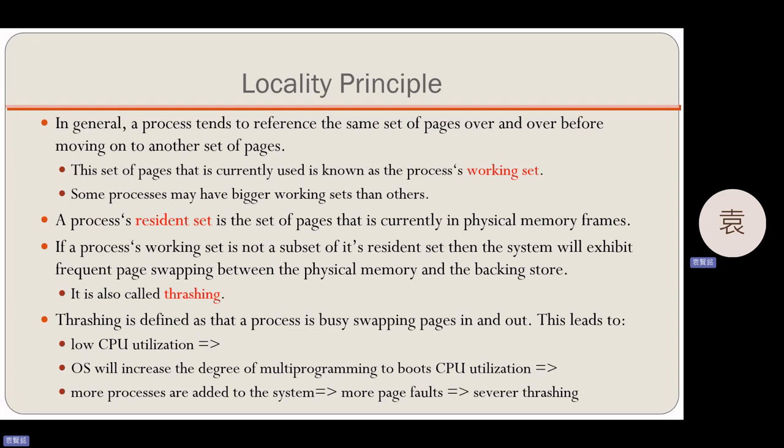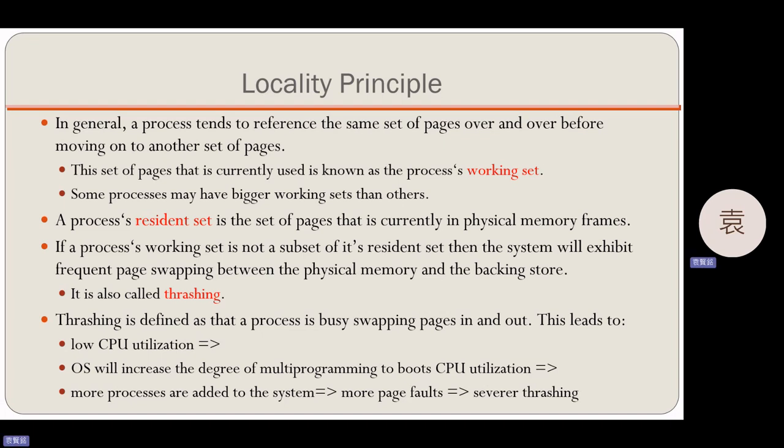Okay, and another set we call the resident set, which is the set of pages that is currently in physical memory. So you have two sets. One is the set of pages currently required to be referenced during the current execution, and the other is the set of pages currently held in the physical memory, which we call the resident set.